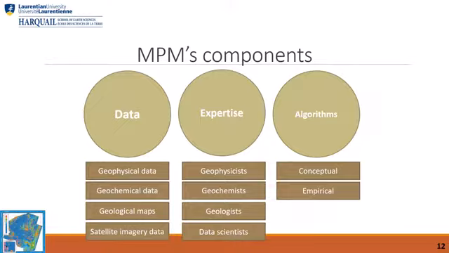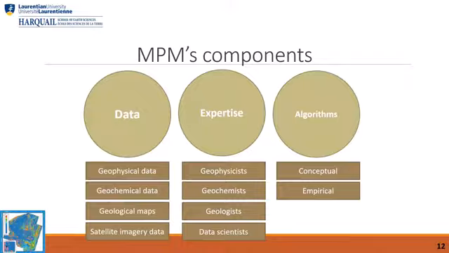So besides data processing and people with expertise in different branches of geoscience, we need data scientists in order to analyze different types of data sets and recognize patterns associated with mineral deposits. What data scientists do is use algorithms to recognize those patterns.